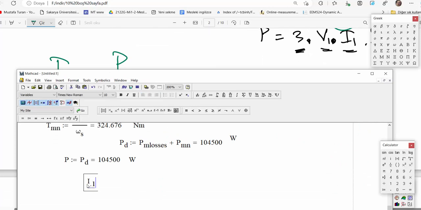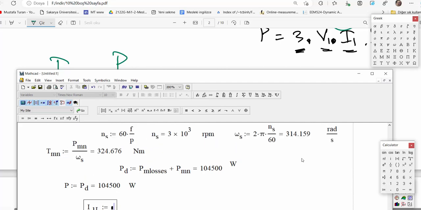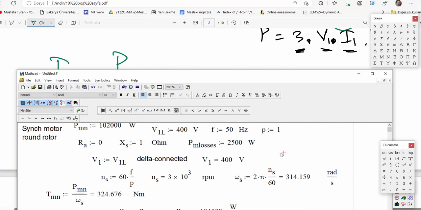Line current. In fact there were two more data given: motor at rated load, that was one of the given parameters, and power factor is 0.8, which is leading.